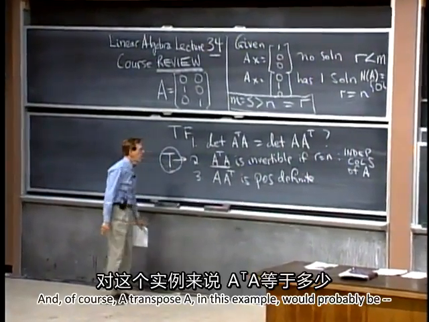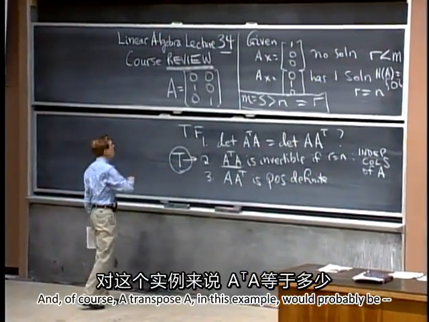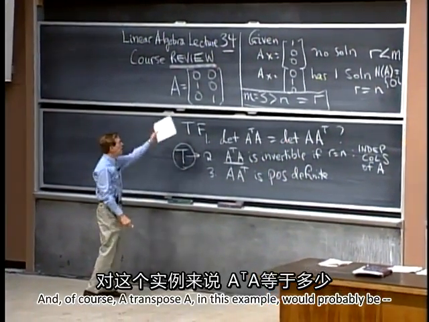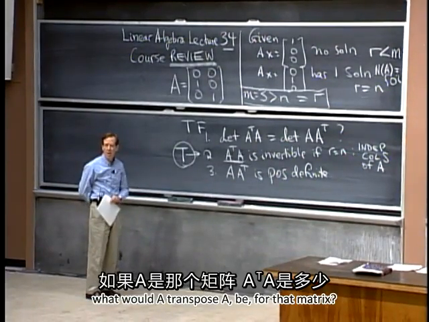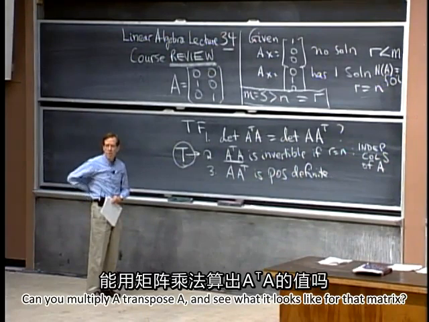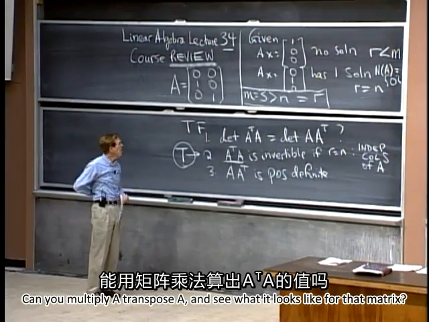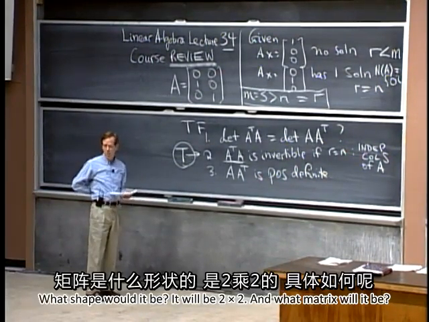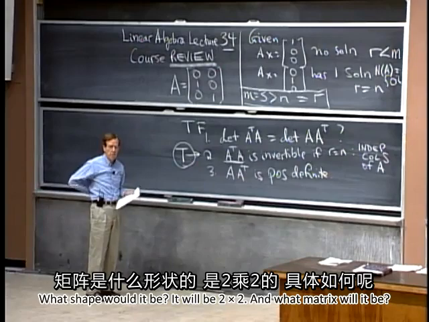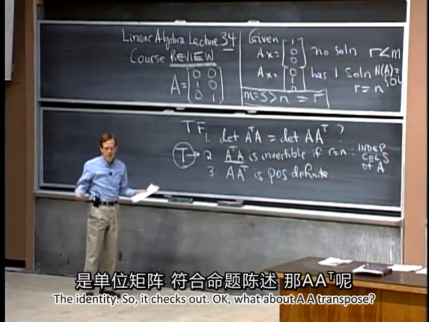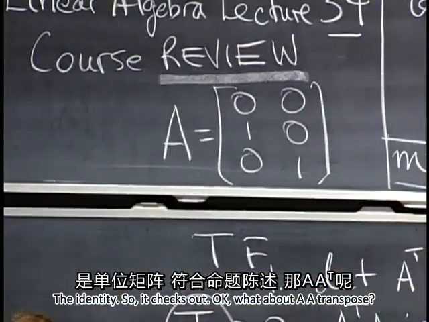And of course, what would A transpose A be for that matrix? Can you multiply A transpose A and see what it looks like for that matrix? What shape would it be? It'll be 2 by 2. And what matrix will it be? The identity. So it checks out.